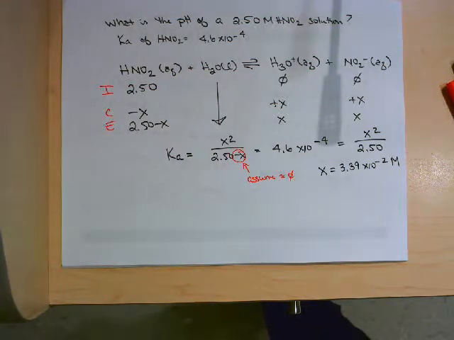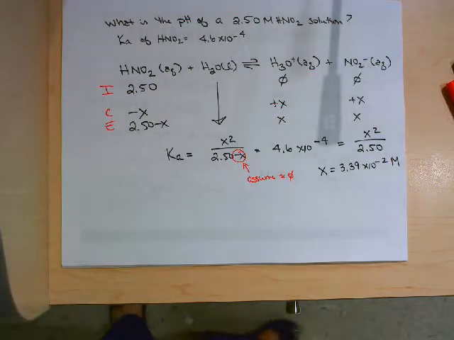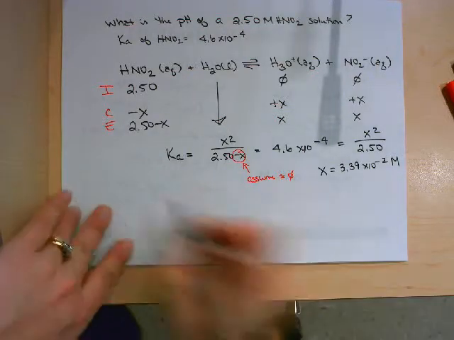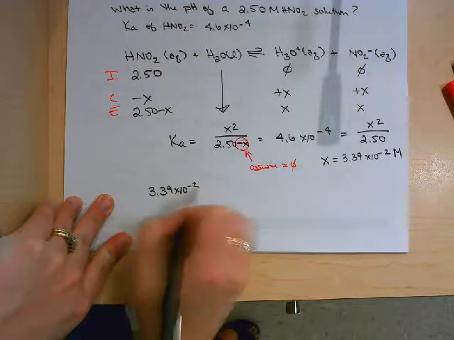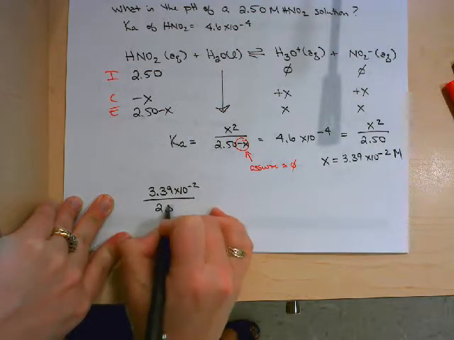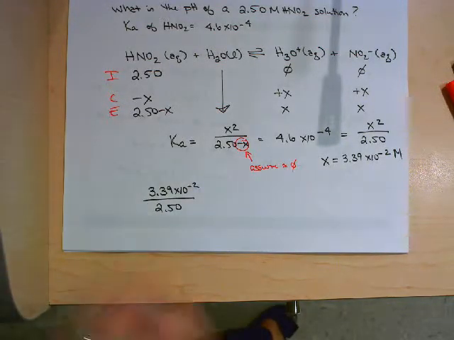Alright, so how do I go about checking if this is less than 5%? What number do I put on the top of the fraction for the 5%? Yep, I put the x on top, compared to the original concentration.